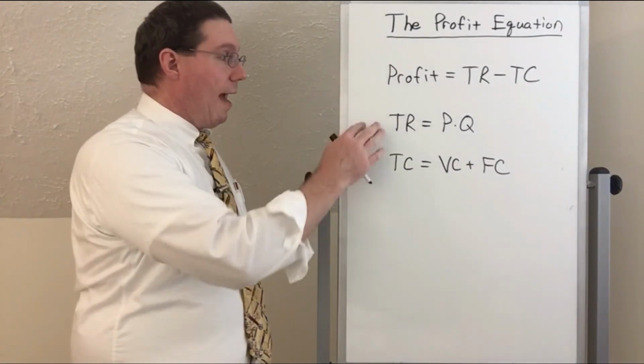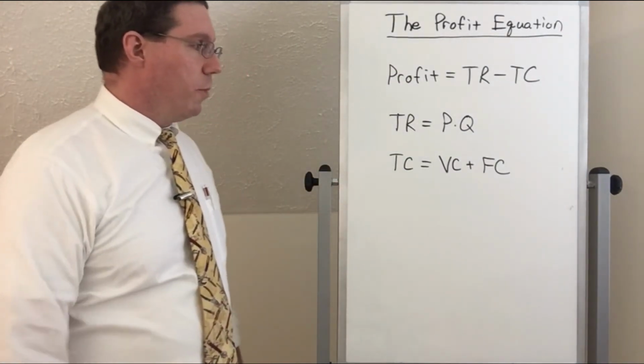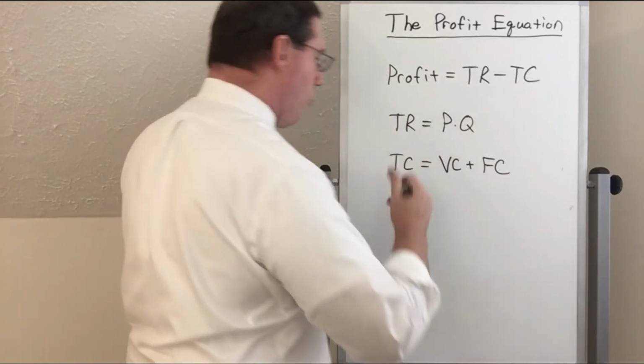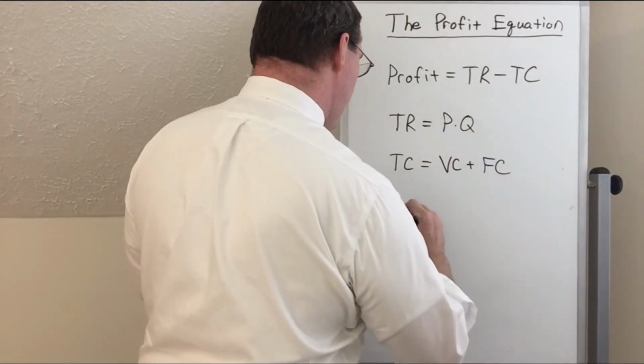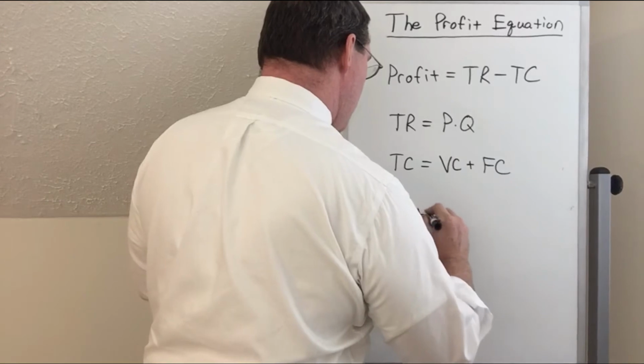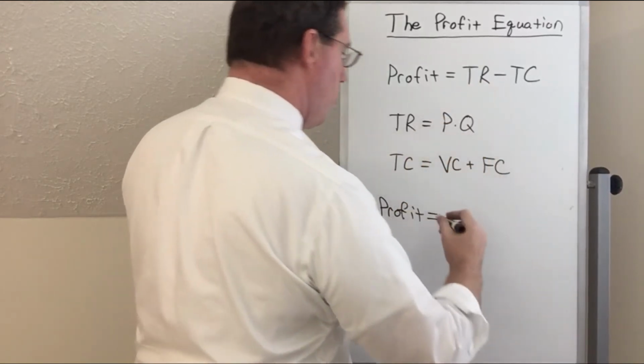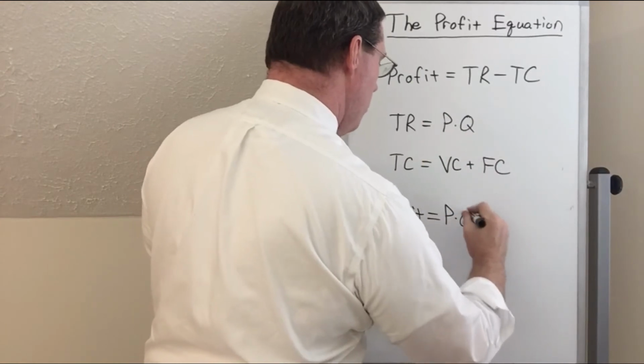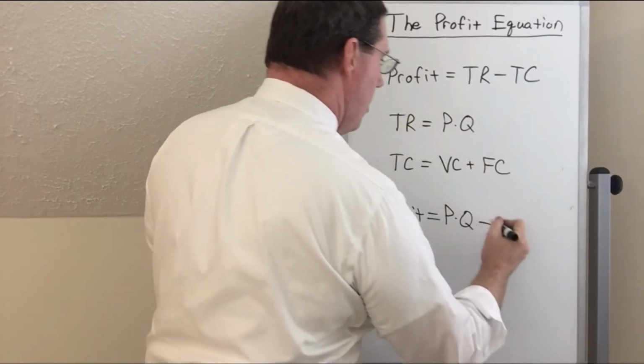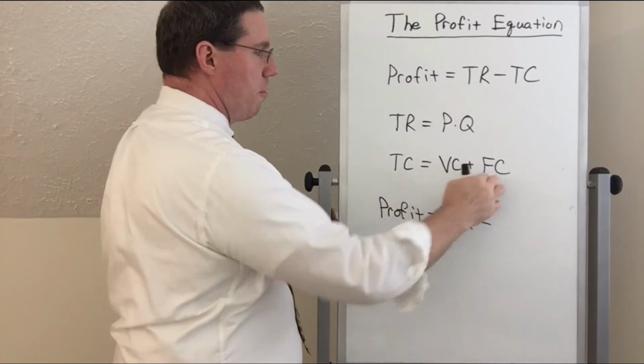All right, so now that we have these three equations right here, we can actually put them together. We can now rewrite our profit equation, and we can say that profit is equal to total revenue, which is equal to price times quantity. So I'm just going to put P times Q minus total cost, which is equal to variable cost plus fixed cost.